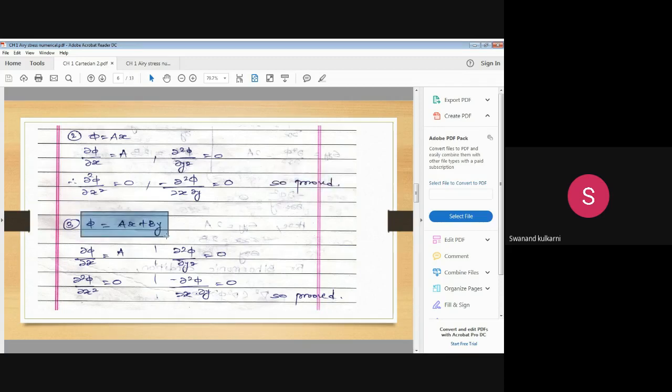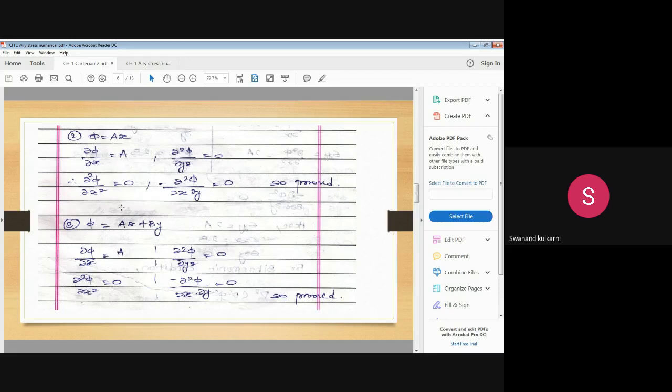Now if we refer to equation number 3, then φ is equal to Ax plus By. Now let us differentiate with respect to x here. Then it will be ∂φ/∂x.